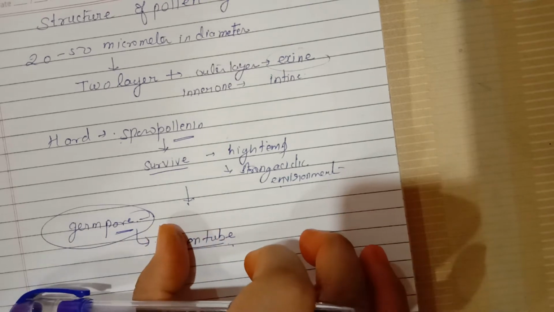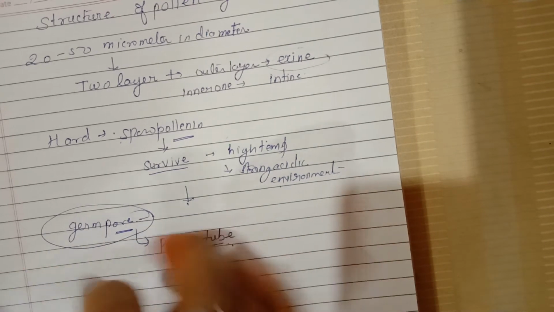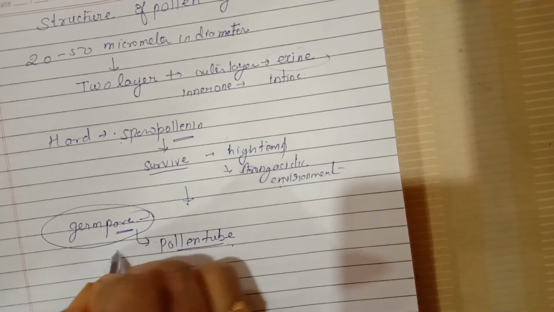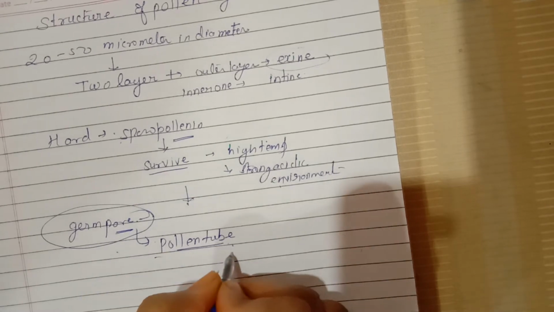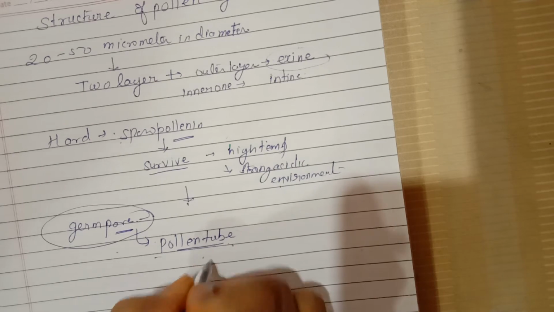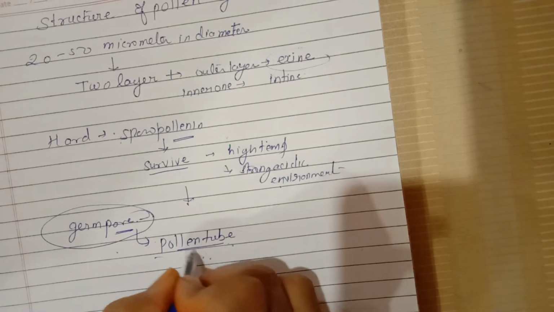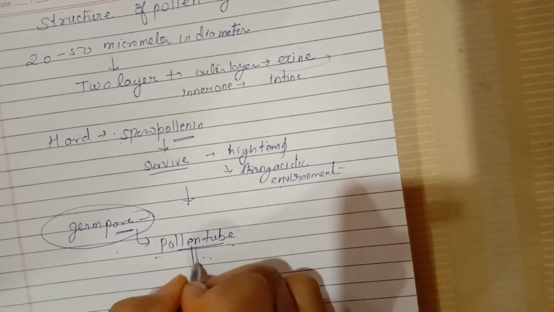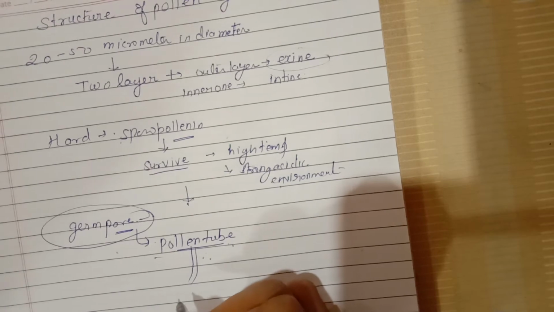The next question is what is the function of this germ pore? This germ pore later on develops the pollen tube, and this pollen tube will go inside the ovary of the plant for the process of fertilization, to transfer the pollen grain contents into the ovary of the plant.